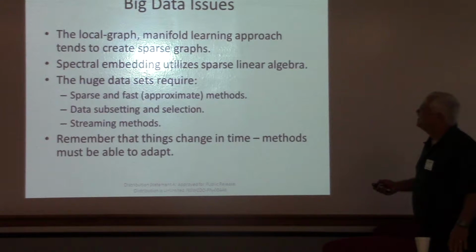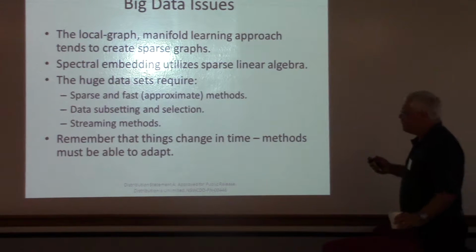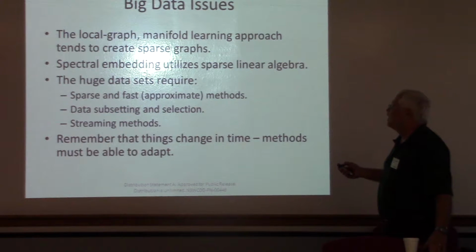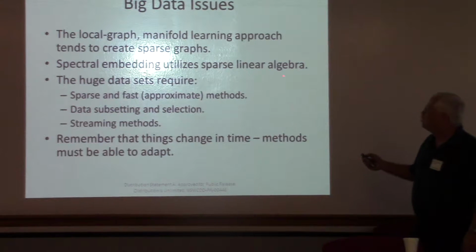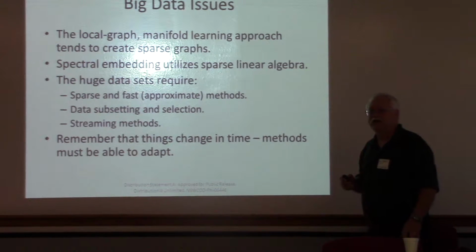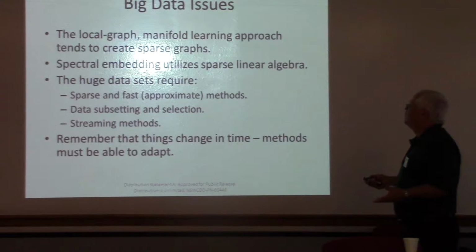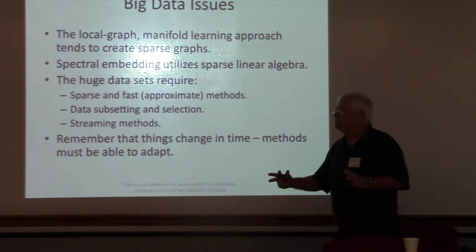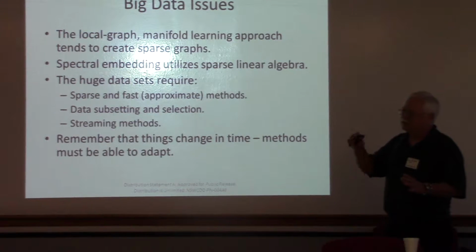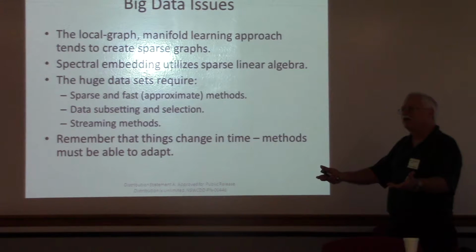Sometimes. So, as I said, it tends to create sparse graphs. And there are a lot of good, strong, sparse linear algebra approaches. Basically, if you know linear algebra, essentially all you're doing is taking this graph, taking the adjacency matrix, which is the matrix that has a 1 everywhere there's an edge, and a 0 where there isn't, and computing eigenvectors of it.